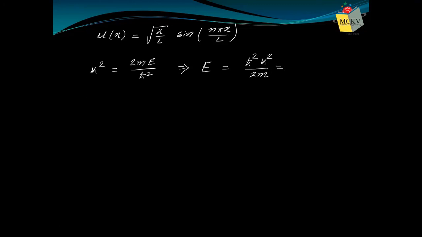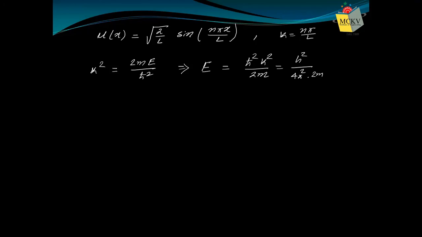Put the value of h cut square. h cut means h by 2 pi, so it is h square by 4 pi square. That is h cut square. What is k? We know k is n pi by L. Put the values. So this is 2m, so h cut square by 2m written.